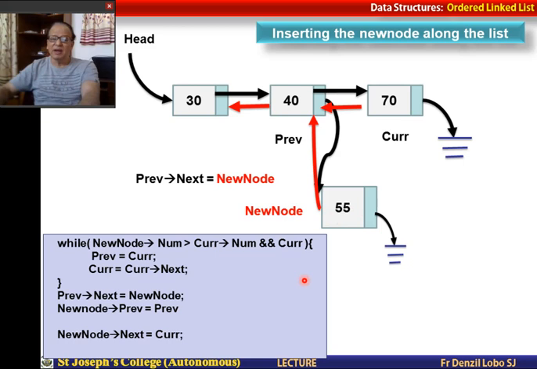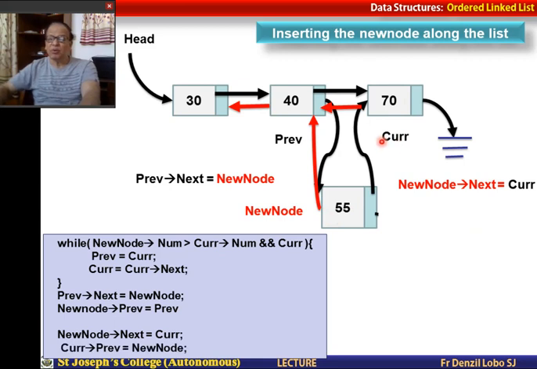So new node next is equal to current. That is done. Now I have to say current previous equal to new node. So this is linked, and automatically this is being cut. This is also severed. So now 55 is there in between the previous and the current node.